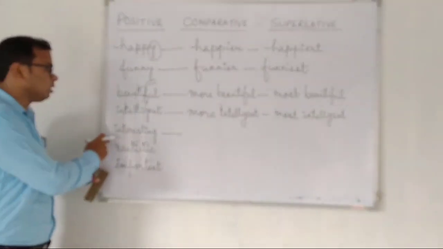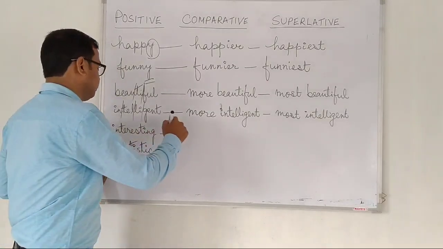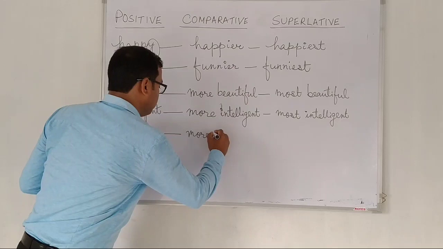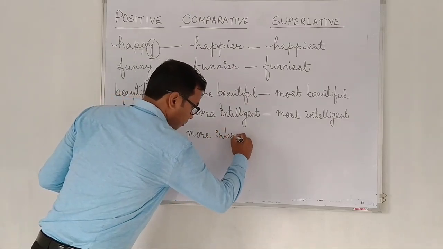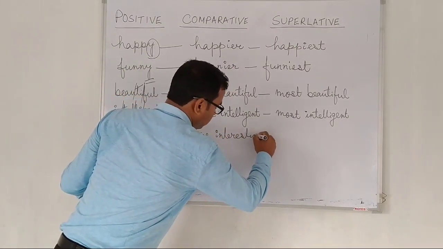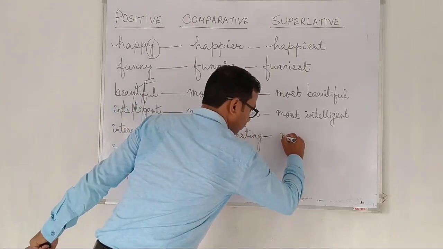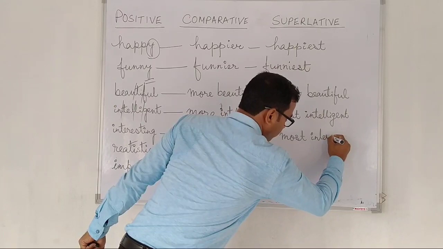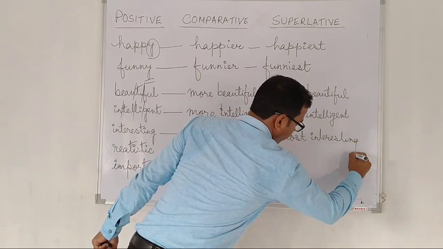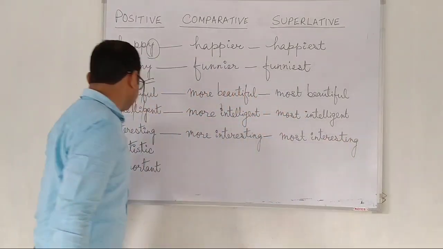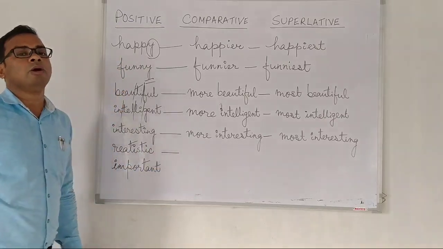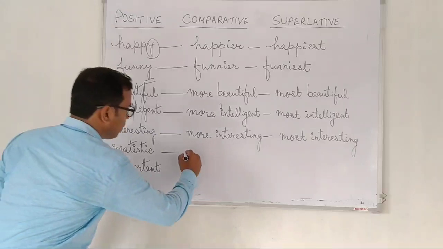So next word is interesting. This is also a long syllabic word. In that case, we use more and most. More interesting and most interesting. Our next word is realistic. Realistic is also a long syllabic word, so it will take more and most.